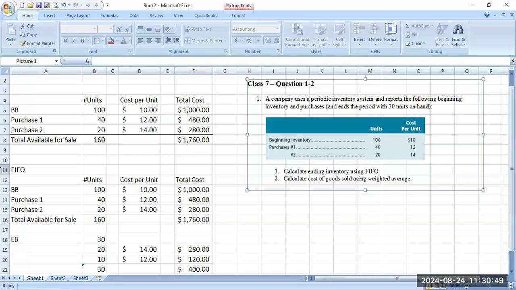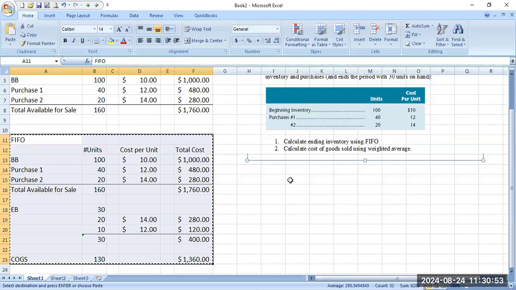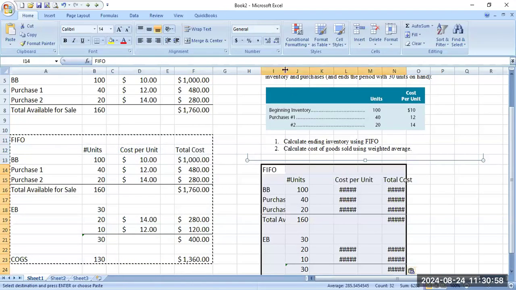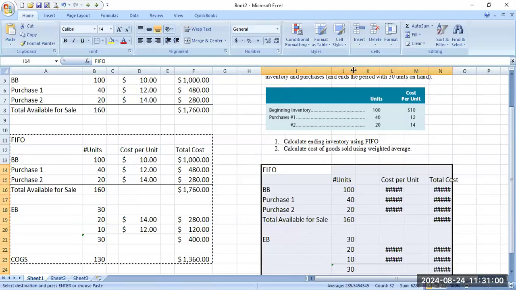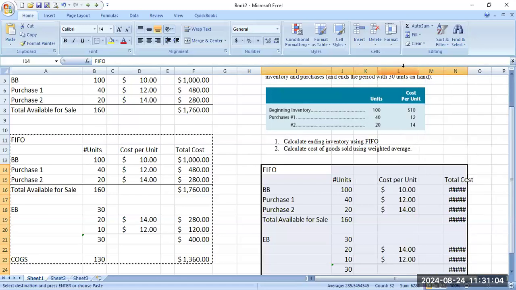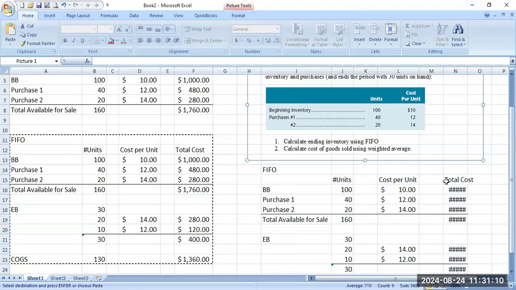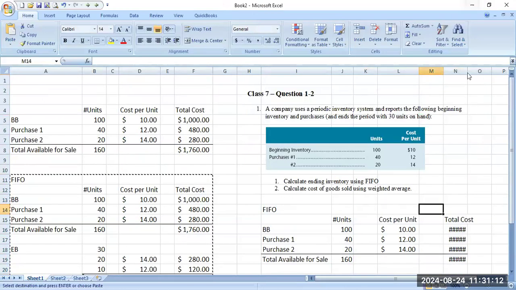Now let's see how we're going to deal with the weighted average. Weighted average is even easier than this. Bring this one to the place like this.